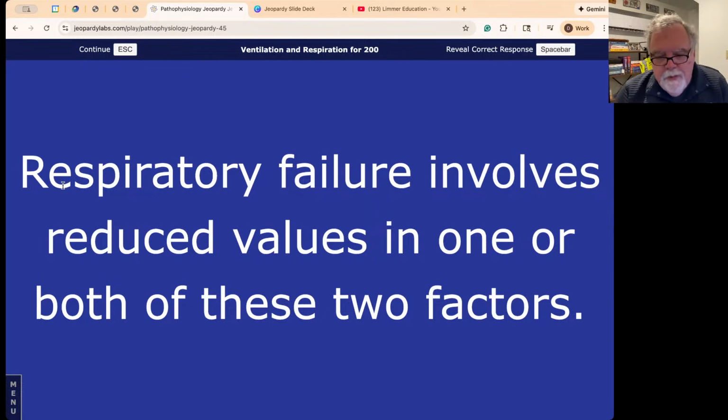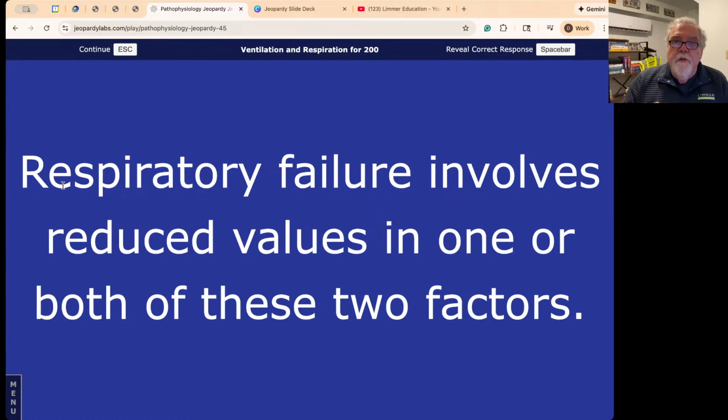I want to compliment people who put in the right answer, but if I say that, then you'll all know. Now, one of the things we've seen here is ventilation and respiration. Let me talk about those just briefly. Ventilation is moving air in and out of the chest. Respiration is the exchange of gases.